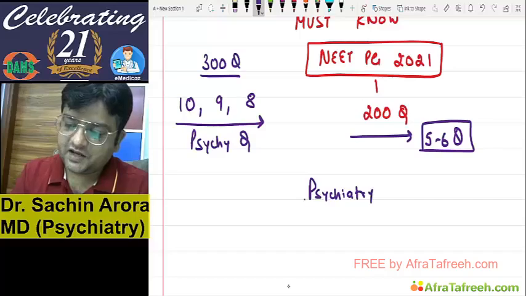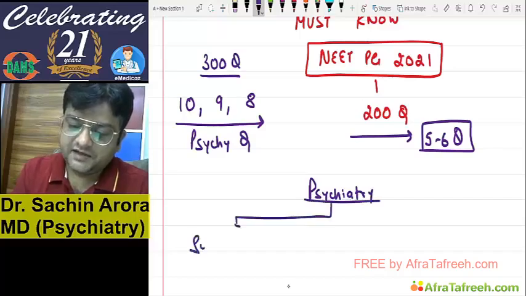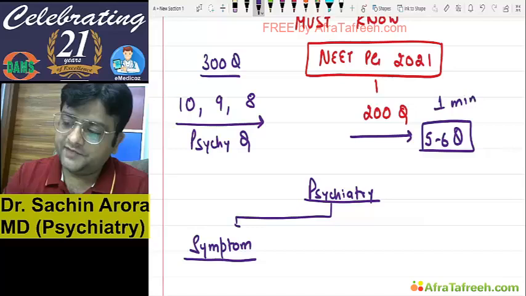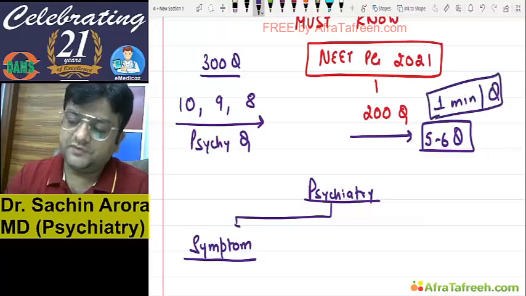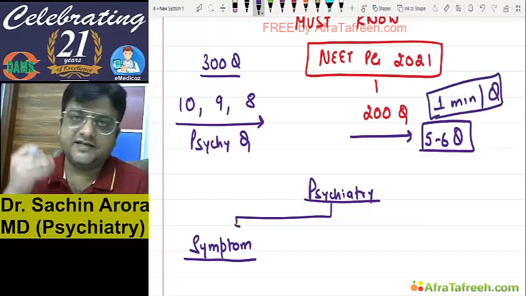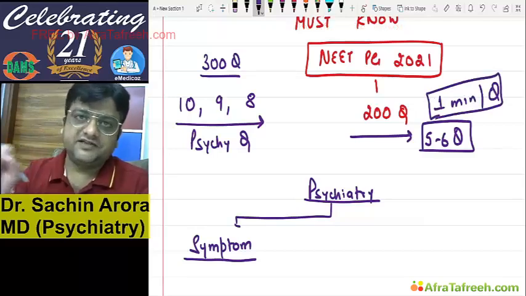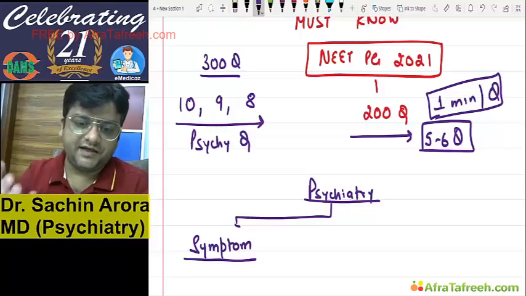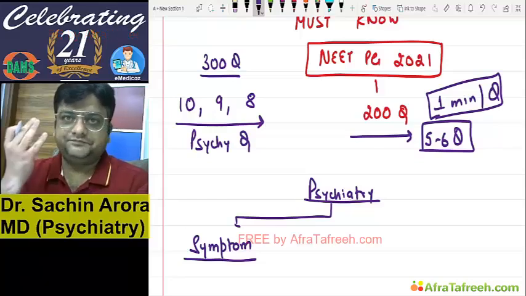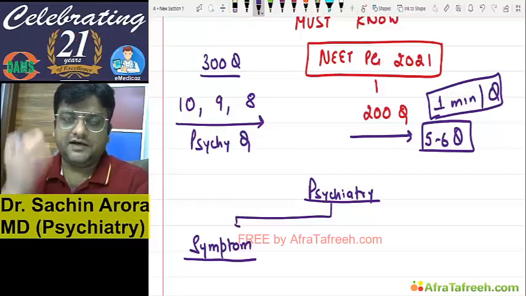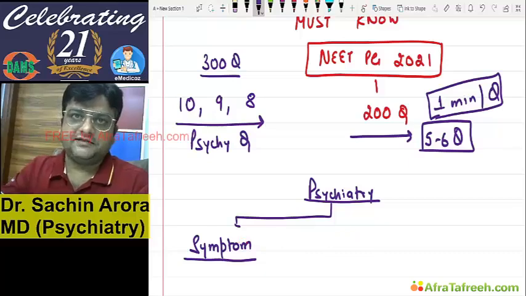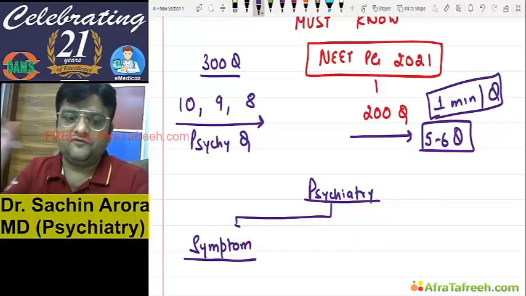You can take these 5 to 6 questions in your account if you know how a psychiatry paper is framed. When they frame a psychiatry paper, they might ask a symptom. As you all know, now you have 1 minute per question. So it is probable that rather than asking flight of idea is seen in mania, they might give you a scenario that the patient is being interviewed by the clinician, and the patient says, I am mad like the sand, and they will give you a verbatim.